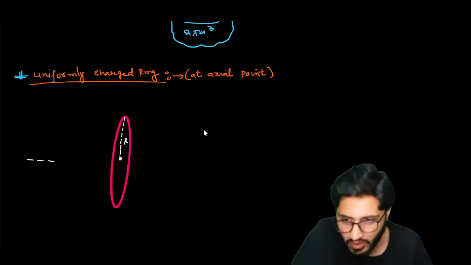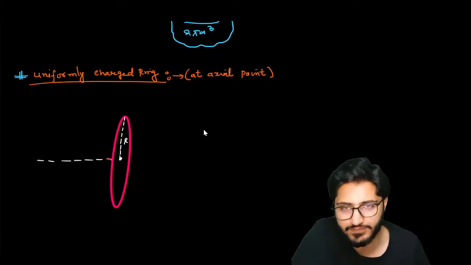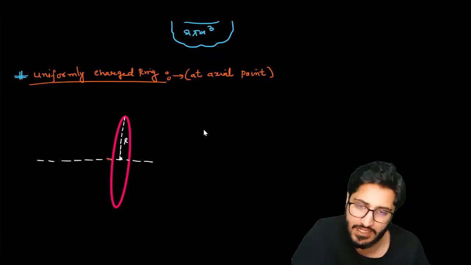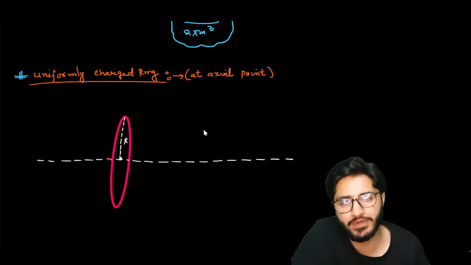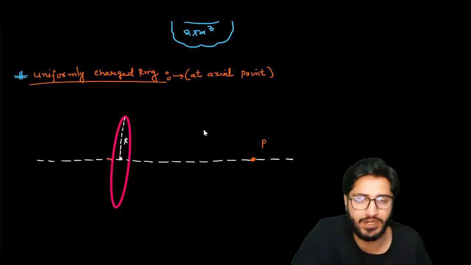let us draw a line from its center. So this line is an axial line. Let us take any point here. This is my point P. So at this particular point P, I need to find its electric field.